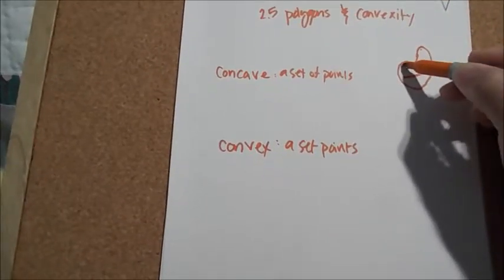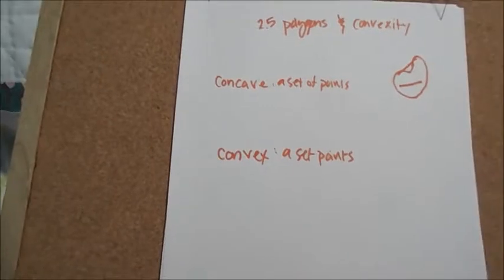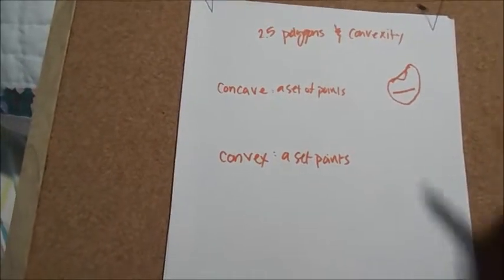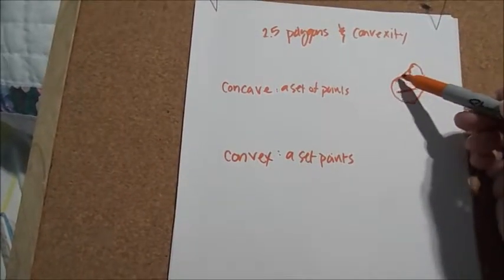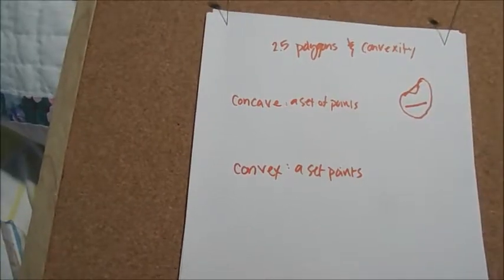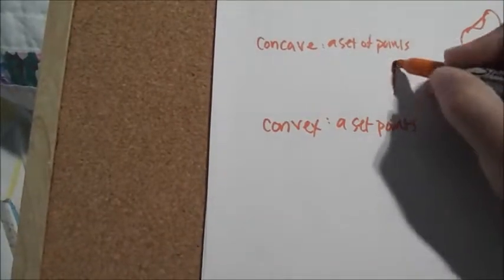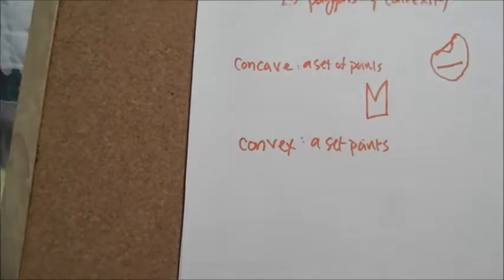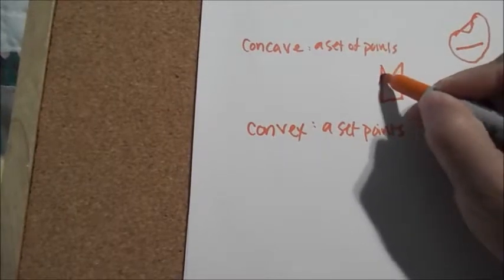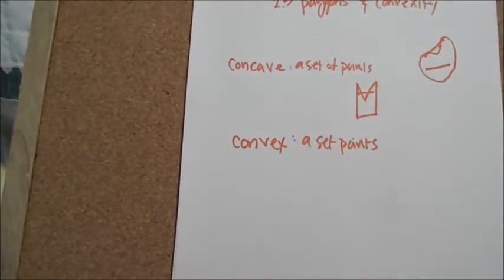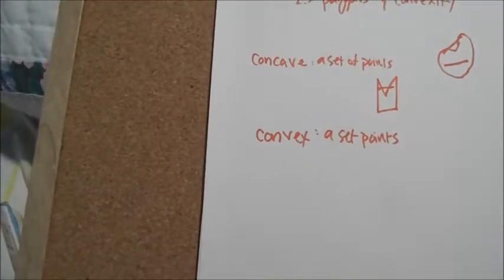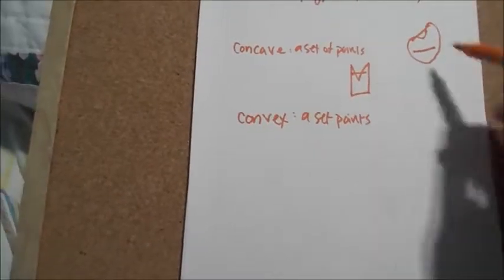Can you see that if I connected them, the segment that joins the 2 points leaves the area? So if that happens, you have concave. Okay, so it could look lots of different ways. This could be your area, and you'd have the same problem if you connected those 2 points right there. Anyhow, that puts you in the concave.